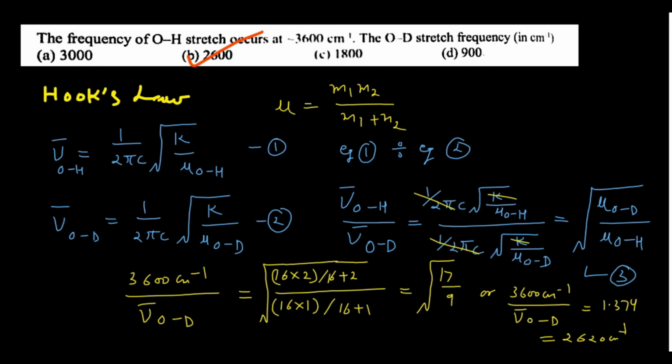Now moving to the next problem, what it says. In the IR spectrum recorded a neat compound shows a strong and broad band at 3300 centimeter inverse. The band becomes sharper and shifts to the 3600 centimeter inverse when the spectrum is recorded in the carbon tetrachloride.